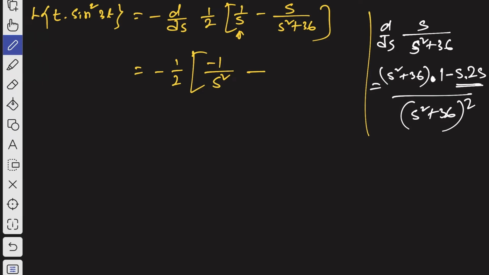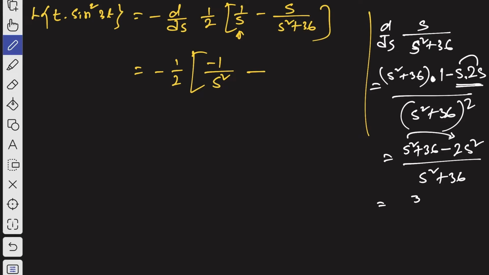Then let us simplify. s square plus 36 minus s into twice s, that's going to be twice s square by s square plus 36, right? So then s square plus 36 minus twice s square, that's going to be 36 minus s square, we will get over s square plus 36 whole square, right?